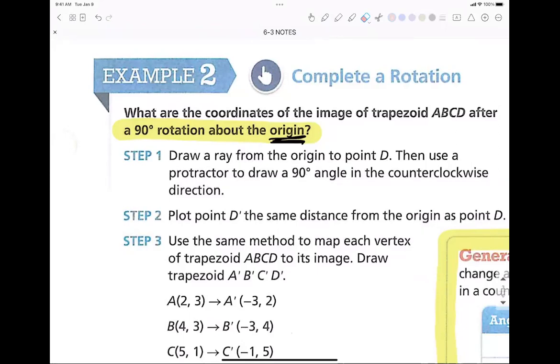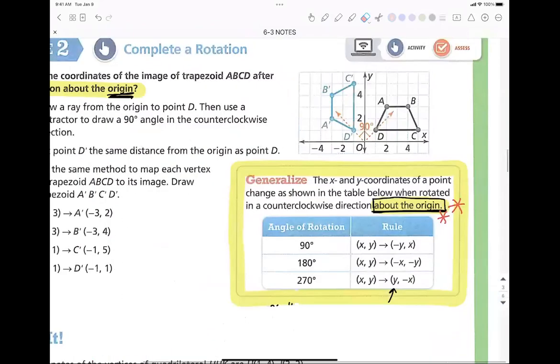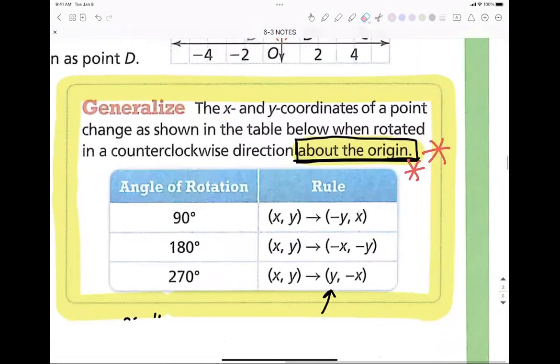But we have a shortcut, which is why you're going to highlight this. Underneath that generalized box, I want you to highlight that entire box. You are going to go to this a lot in this unit. Okay, everybody put a highlighted square. Dayton, you got the highlighter in your hand? Follow directions.